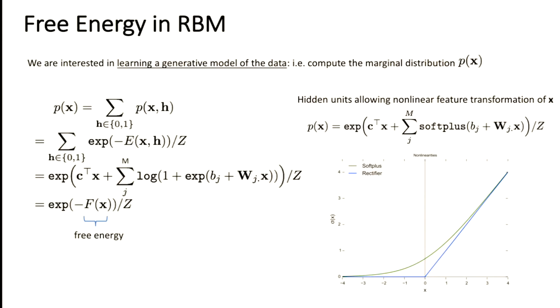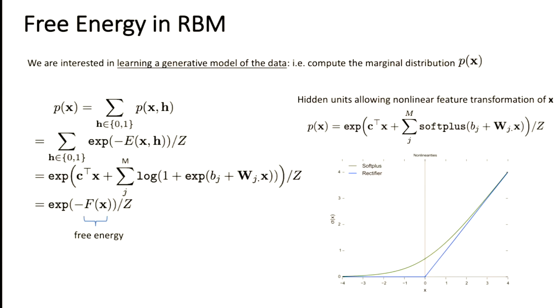In the first part, we also looked at free energy. In the case of the RBM, you can also define the free energy, which gives you a nice form of your marginal distribution P of x. In these energy-based models, what we want to learn is this marginal distribution, the likelihood, so we learn to model the data distribution itself.